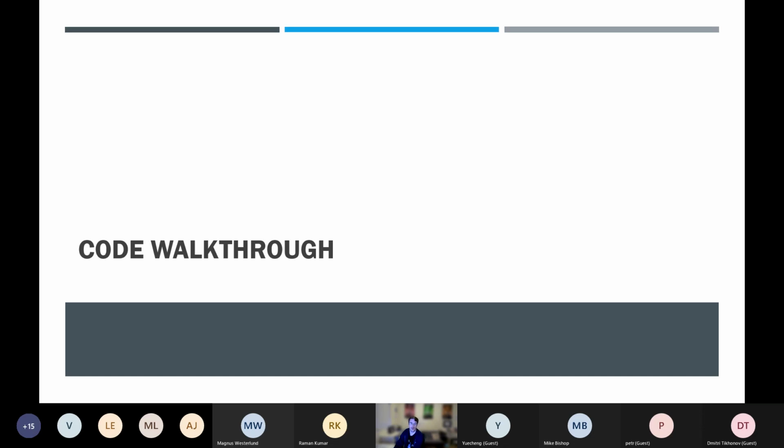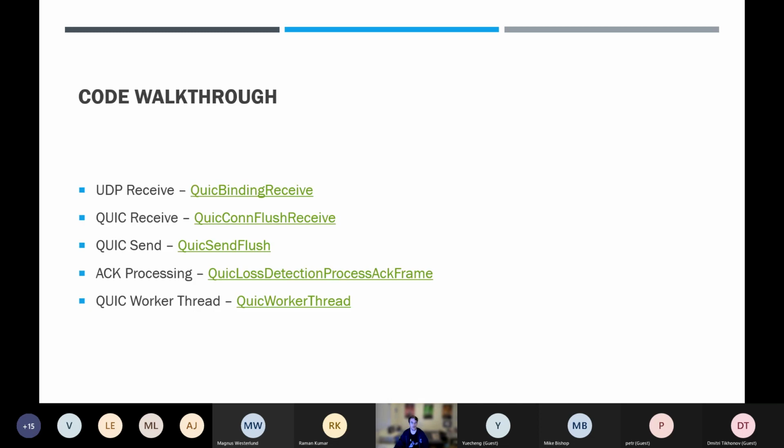Okay, so now I'm going to go through some of the code. I can go in any level of detail of this code. I can breeze through these functions real quick, or I can go in more detail. Does anyone have a preference? And we've got lots of time.